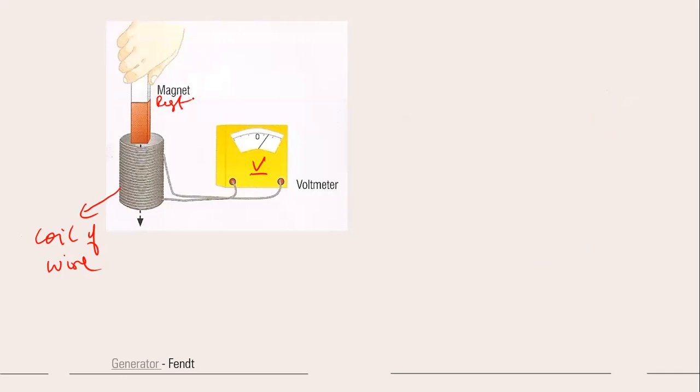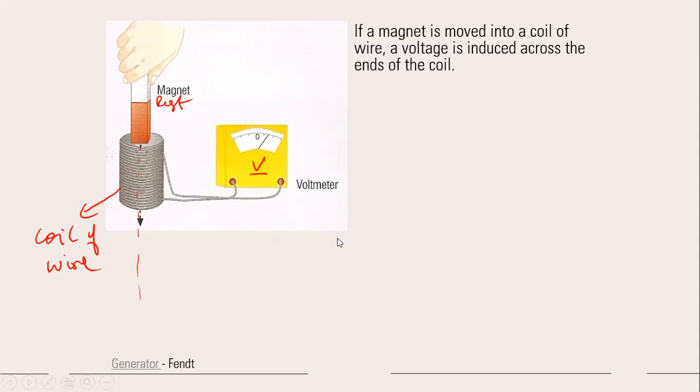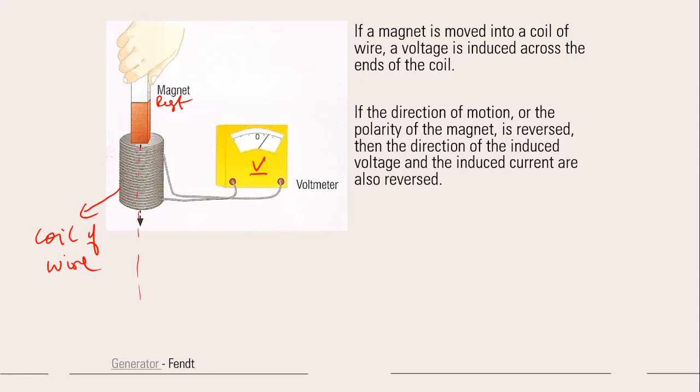When you drop the magnet and it passes through the coil, moving downward, the moving magnet produces a changing magnetic field, and then a voltage will be observed on the voltmeter. So if a magnet is moved in a coil of wire, a voltage is induced across the ends of the coil. If the direction of motion or polarity of the magnet is reversed, then the direction of the induced voltage and the induced current are also reversed.